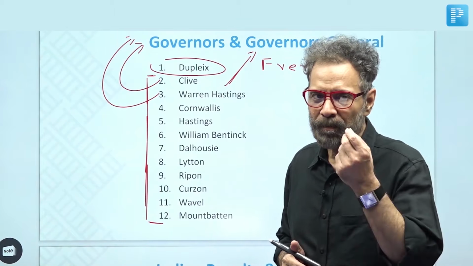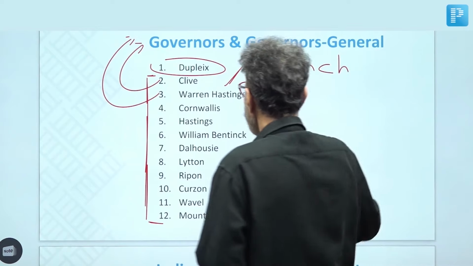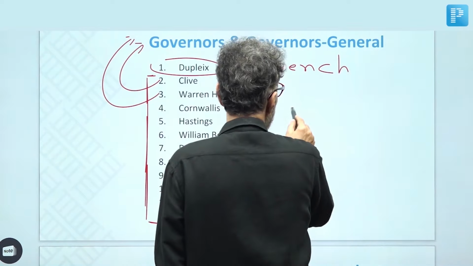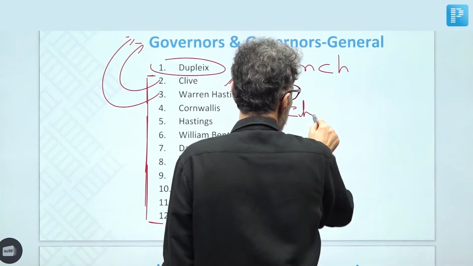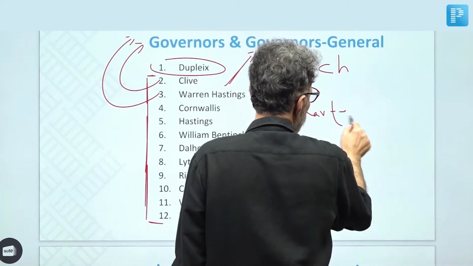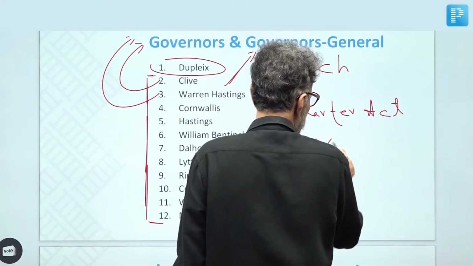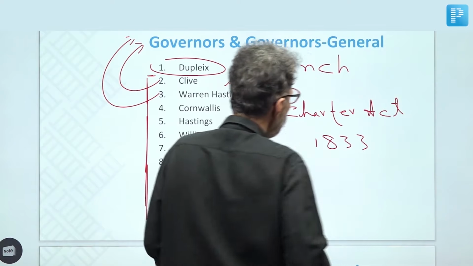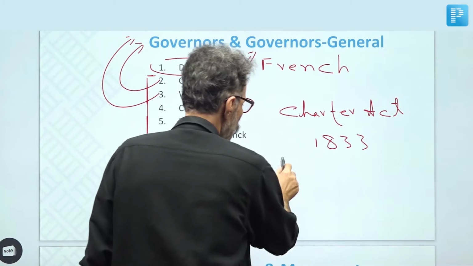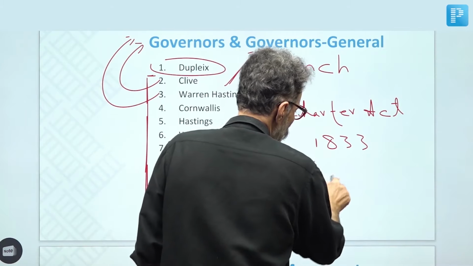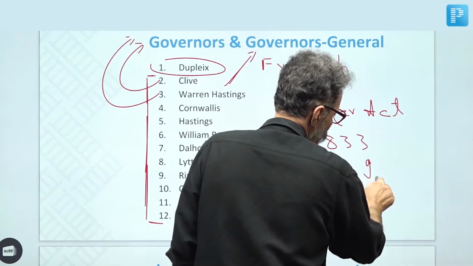And one brief piece of information: in 1833, there was an act, the Charter Act of 1833. This act created the office of Governor General of India.